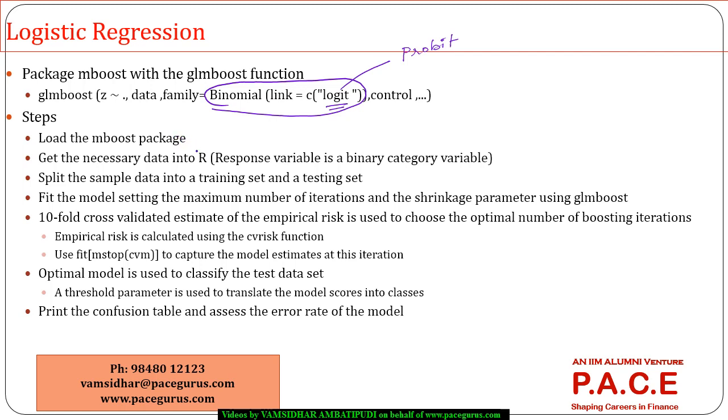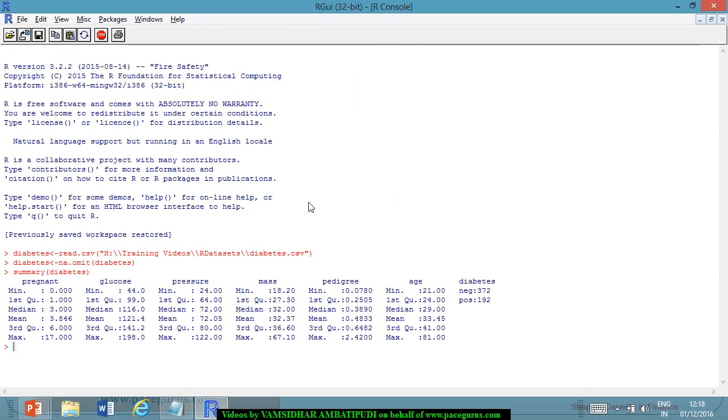Looking at the model, this is more or less similar to what we have done earlier with our continuous regression itself. You load the package, get the necessary data into R. The difference is now the response variable is a binary categorical variable, right? I have to split the data into a training set and a testing data, right? So that's one step.